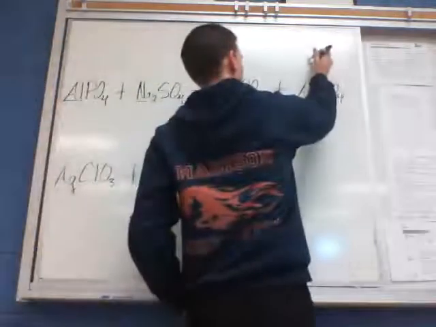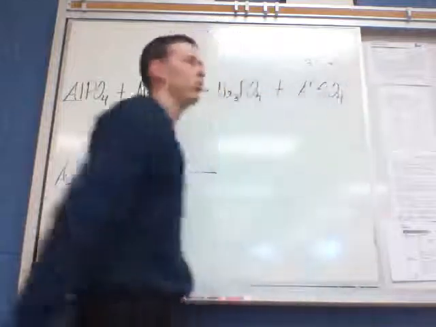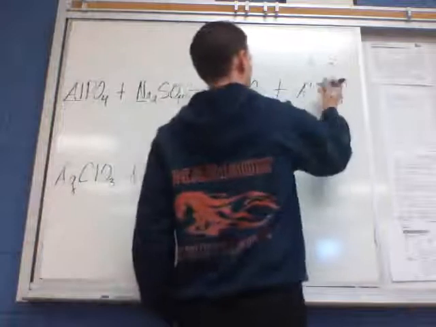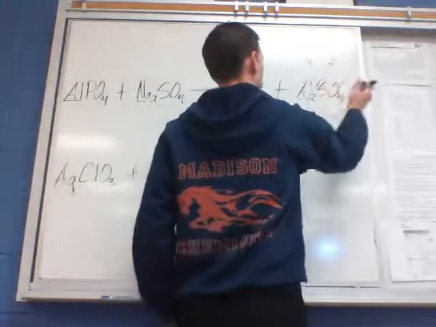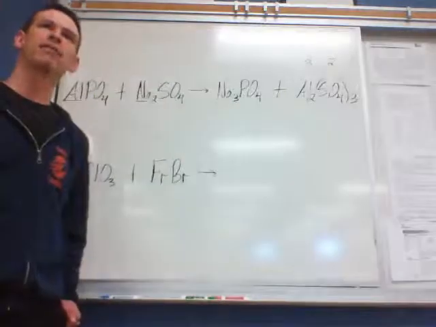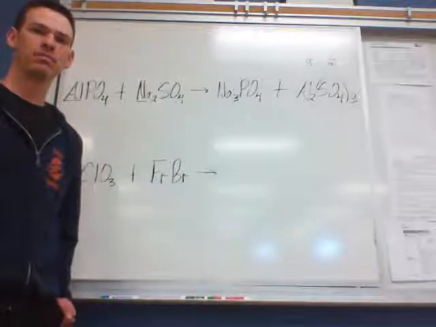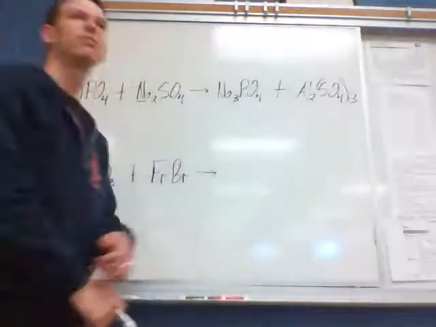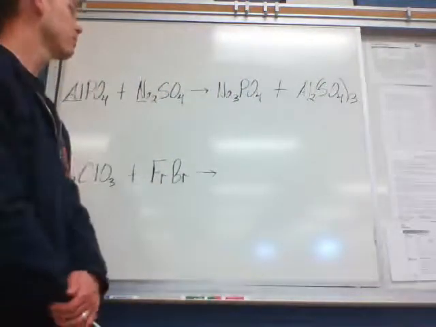Aluminum is +3, sulfate's -2. The numbers are different, so I'll crisscross. My 2 will come here to aluminum, my 3 will go to sulfate, and it looks like that. Check solubilities.